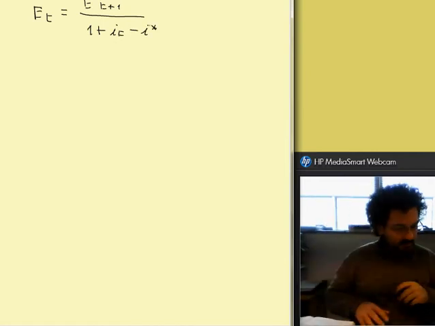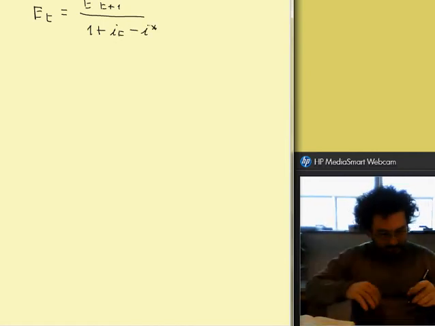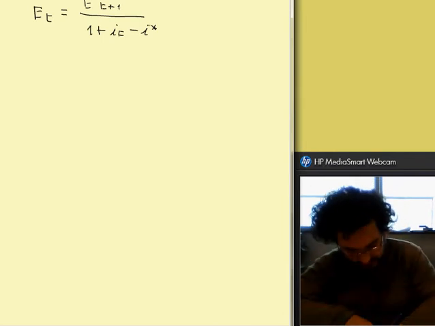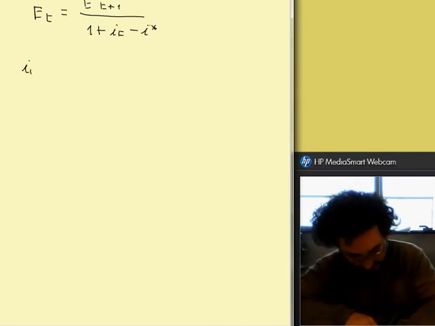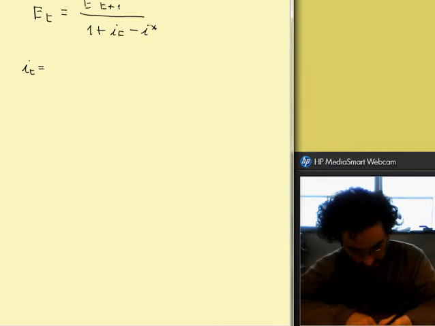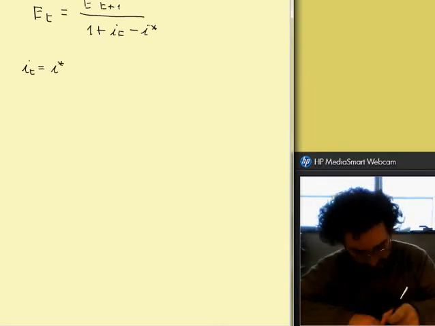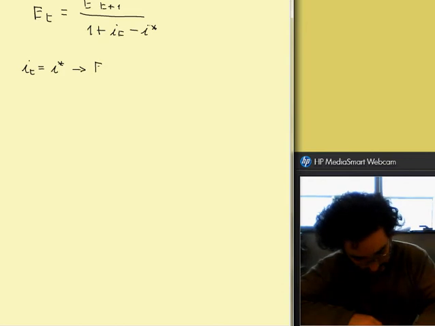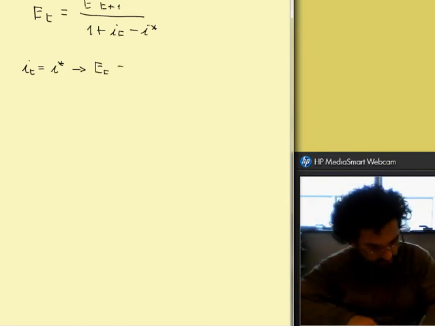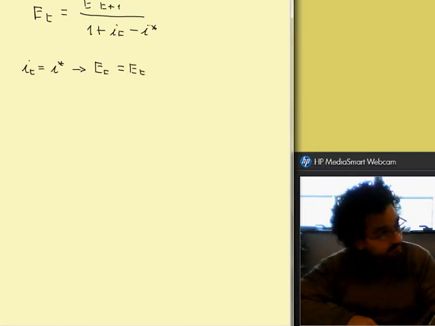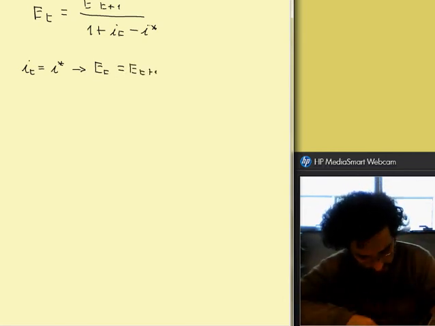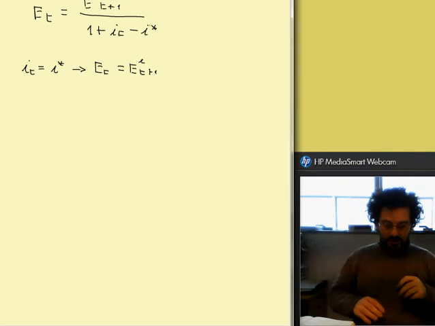So this is the uncovered interest parity. And this means that if the internal interest rate, so the euro interest rate, is equal to the US interest rate, then the current exchange rate E t is equal to the expected exchange rate at t plus 1.